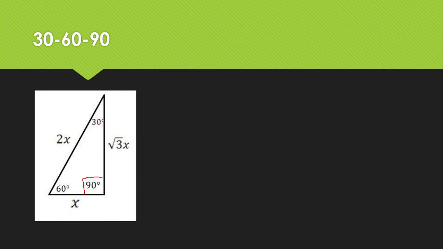The hypotenuse, the side across from the 90-degree angle, is going to be twice that much, so we can call it 2x. And then the other side, between the 30 and the 90, is going to be root 3 times x, or you might see it written x times root 3. That's the same thing.